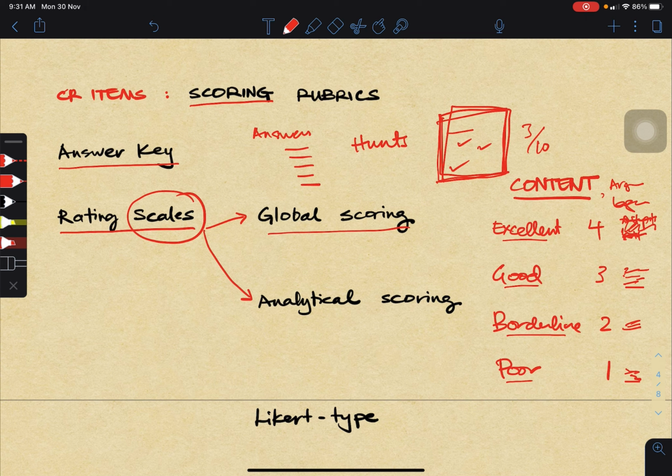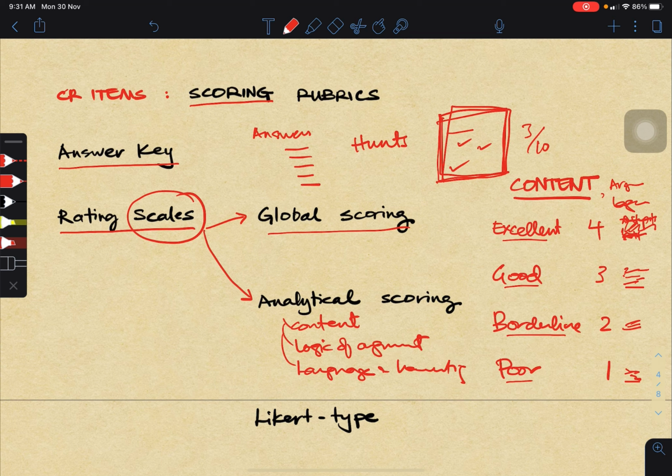But if you are directed to domains, for example, the content, the logic of argument, the language and handwriting, so you have these domains, we call it analytical scoring.